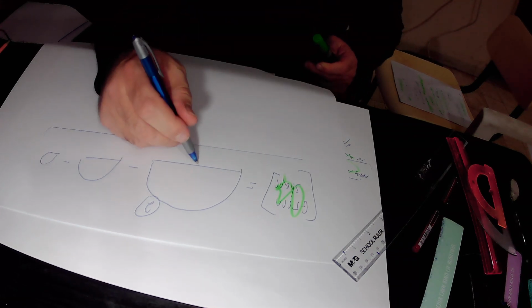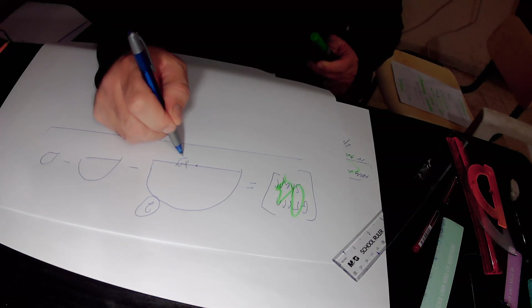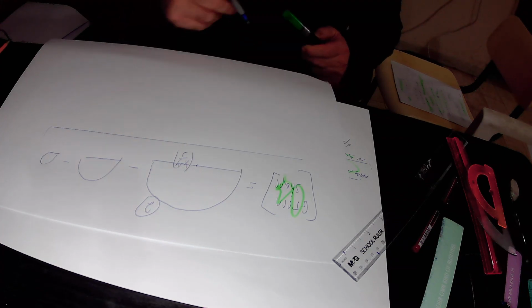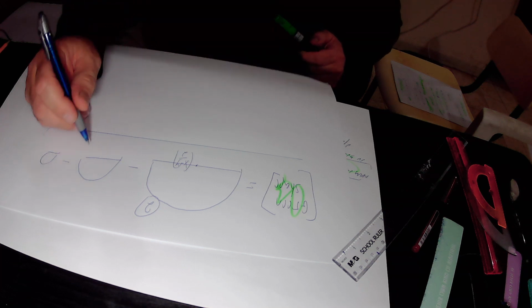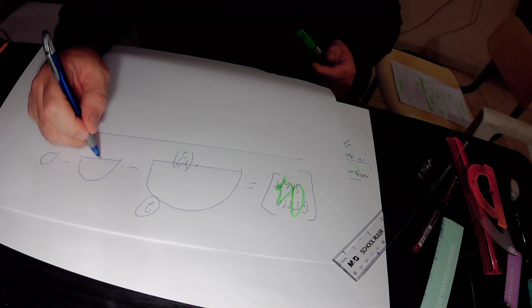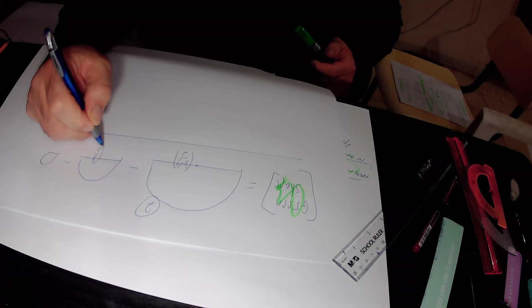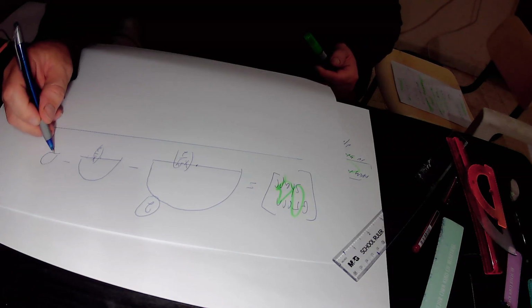The radius of this biggest semicircle equals x plus y over 2 units in its length. The radius of this medium semicircle equals x over 2 units in its length. The radius of the smaller semicircle equals y over 2 units in its length.